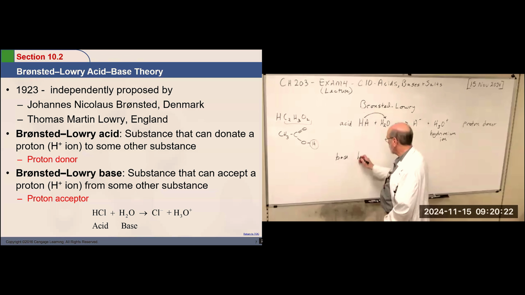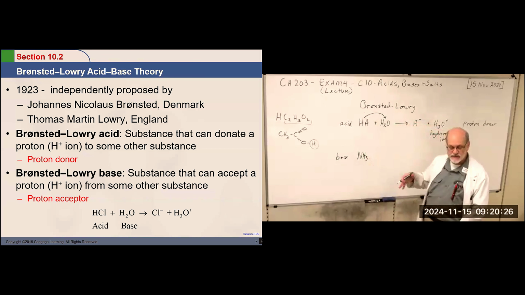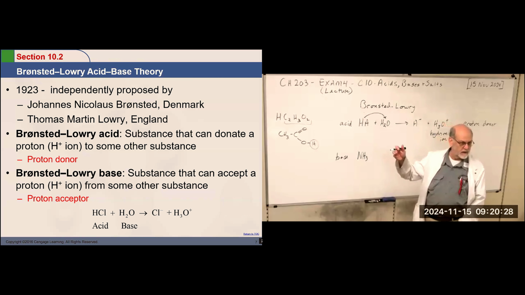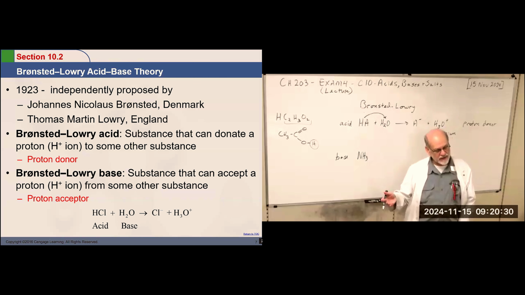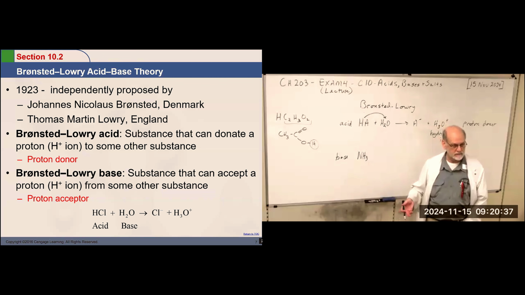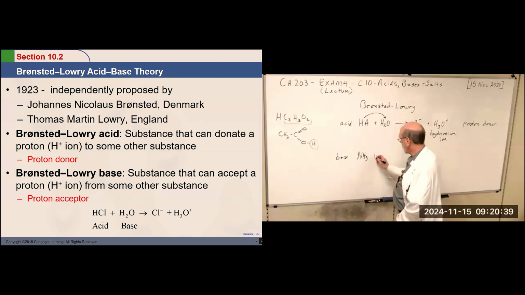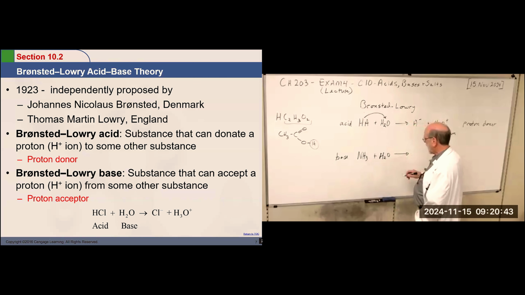So what happens if we have ammonia in here? If it's going to be a proton acceptor, where does it get its proton? Well, if you dissolve ammonia gas in water, there's only one place that the proton can come from. It has to come from water. Right? So if we dissolve it in water and we take a proton here, this is the proton acceptor.